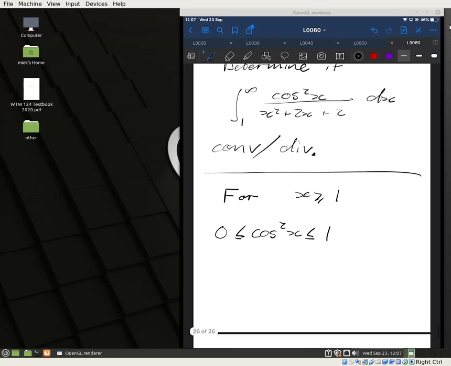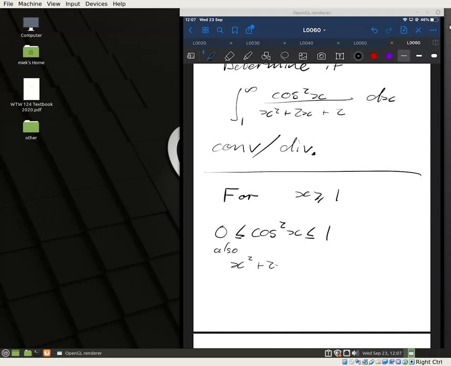And also x squared plus 2x plus 2 is bigger than or equal to x squared plus 2 plus 2. If x is bigger than or equal to 1, 2x is going to be bigger than or equal to 2. But this is strictly bigger, so x squared plus 4 is bigger than x squared.